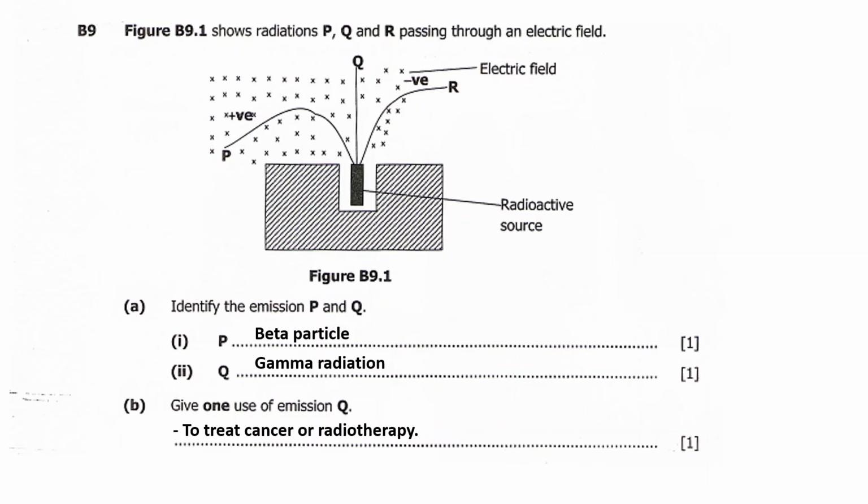So one use of emission Q, which is gamma, is to treat cancer. Then you could also mention that it can be used to check for leaks or flaws in metal pipes, whether pipes are leaking or have got flaws in them.